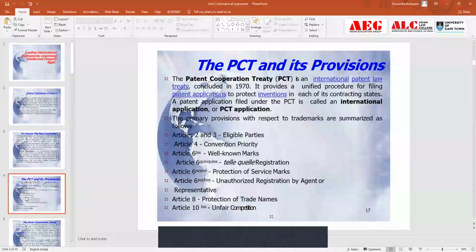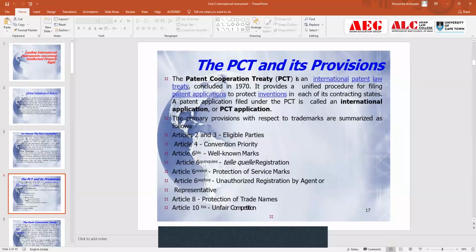Further, there are certain provisions, especially Article 2 and 3, Article 4, Article 6bis, 6ter, which talks about registration, 6quater, which is the protection, 6quinquies, which is unauthorized registration, and so on. You can get this in broader detail in the lecture notes and the study material that I have provided you.